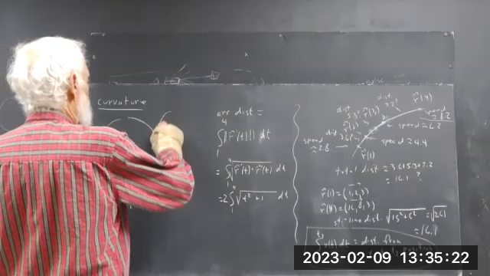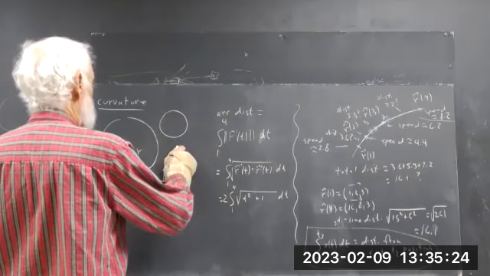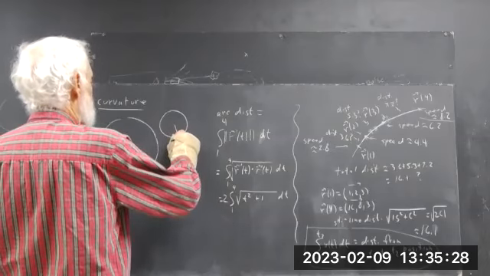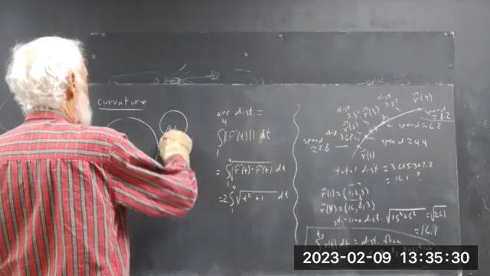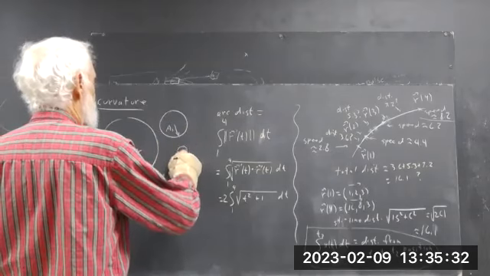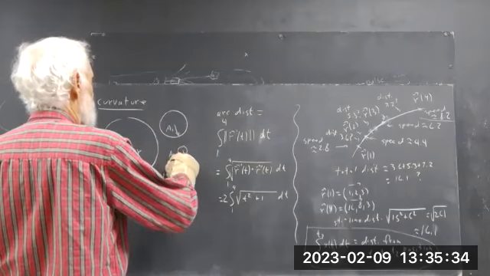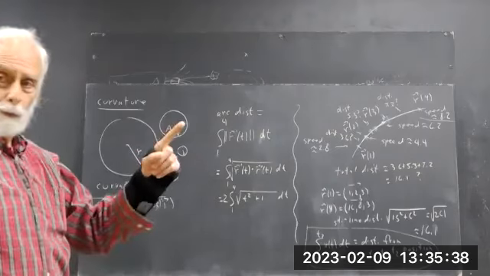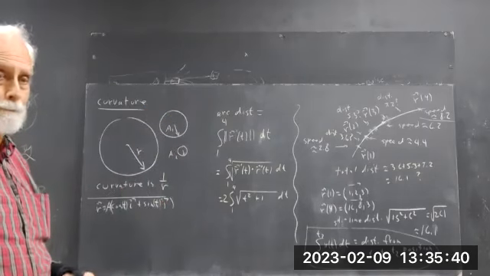So if I take these circles, which circle has a greater curvature, circle 1 or circle 2?